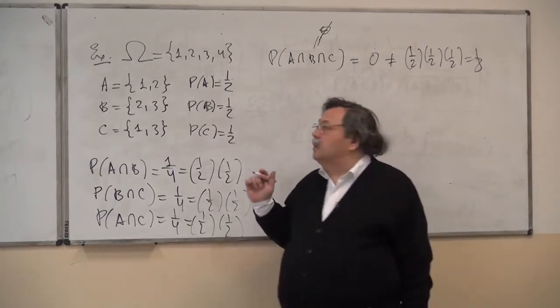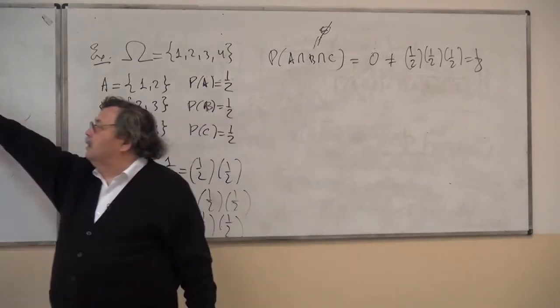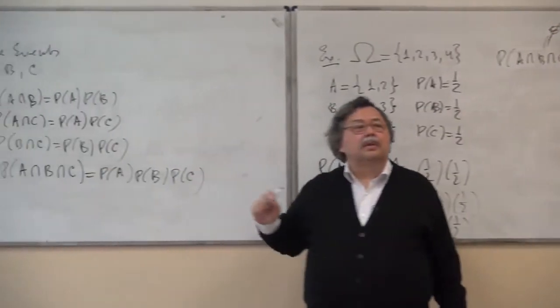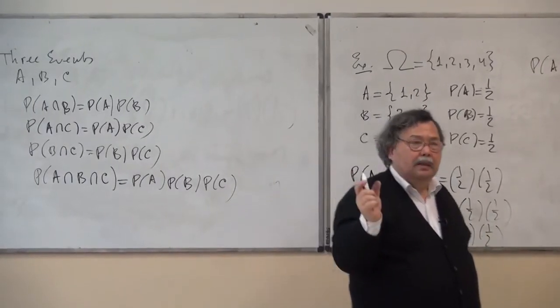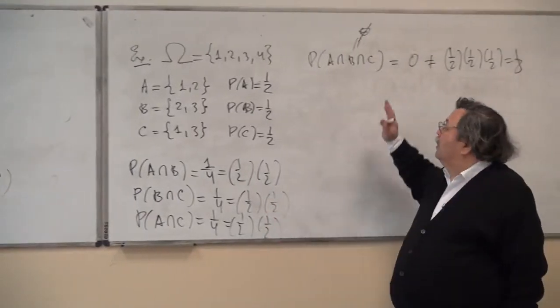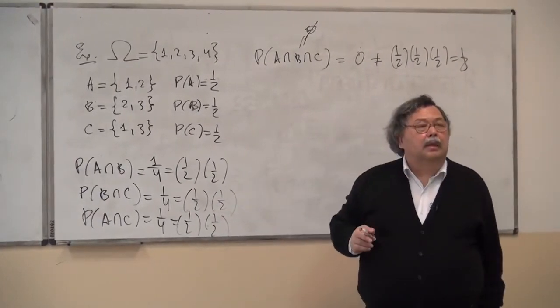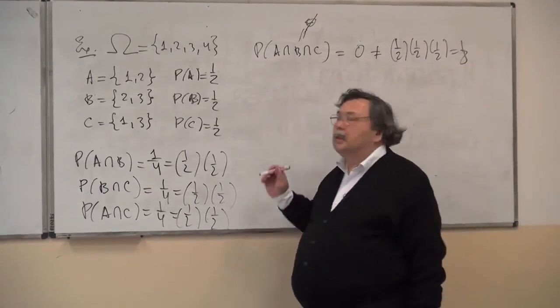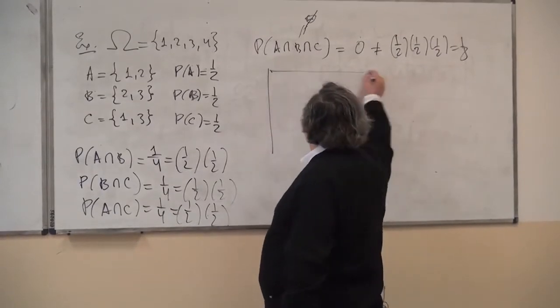So in this case, it's not enough to require that this kind of equation be satisfied for each of the 3 pairs. We need to require this one too, and it's not satisfied here. Let's try to illustrate this situation using a Venn diagram.